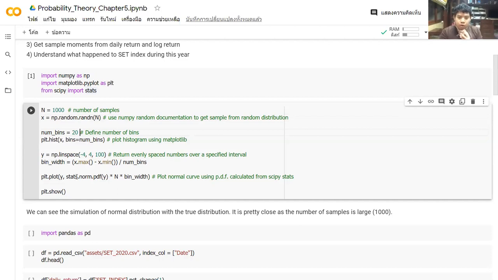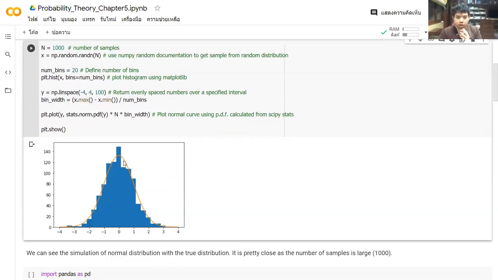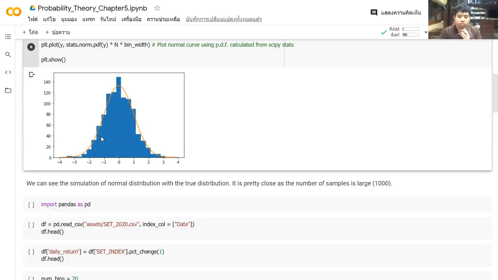And then we are going to plot the normal curve against it. After we run this code, you can see that the blue one is a histogram from the sampling, and the orange one is the exact normal curve. So it is roughly similar to one another, right?